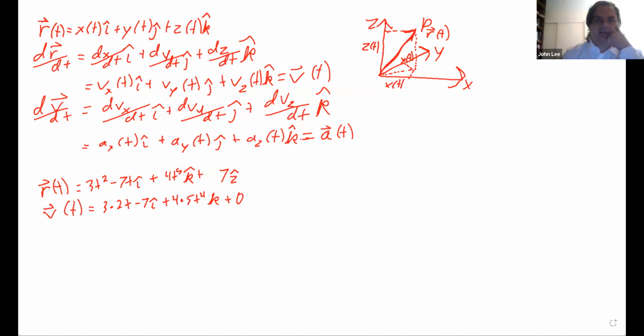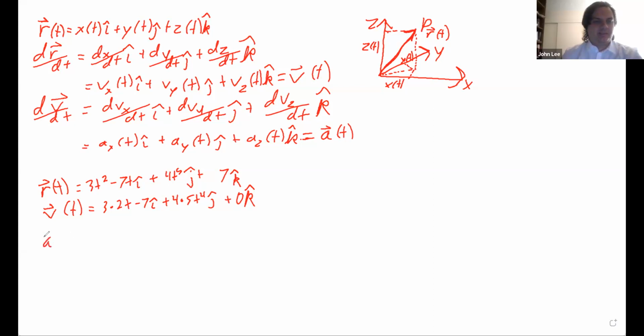I was saying k would be in the y direction when really it should be j in the y direction. So j, plus 0 in the k direction, because the derivative of a constant is going to be 0 because the constant never changes. That's what it means to be constant, so there is no change in the number 7 over time.